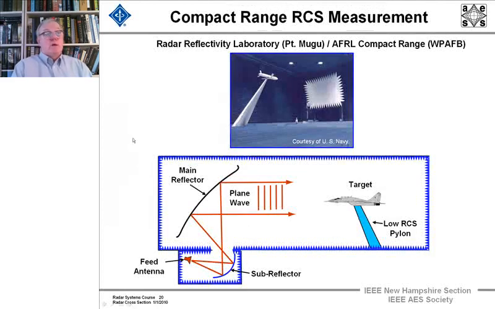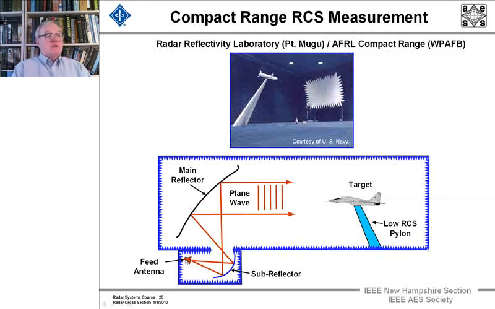Another way we can make measurements is with a compact range. And this is one at Point Mugu. They have a radar reflectivity range, the Air Force Research Lab at Point Mugu. Here's that compact range. We see a low RCS pylon, a target on the top of the pylon, and this is the mechanism that will generate in a small region a plane wave.